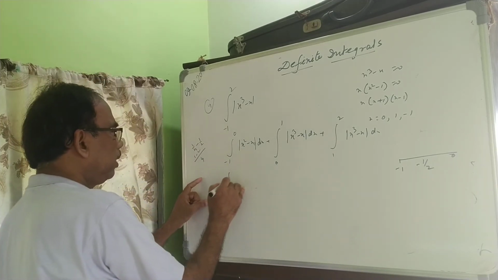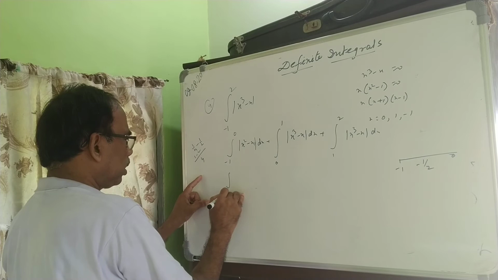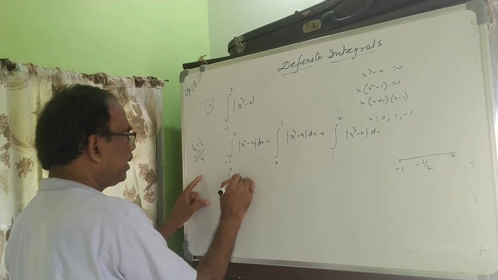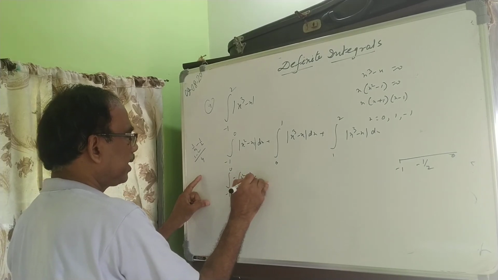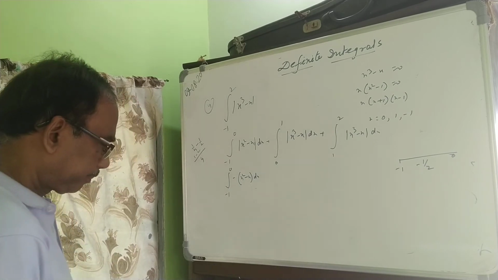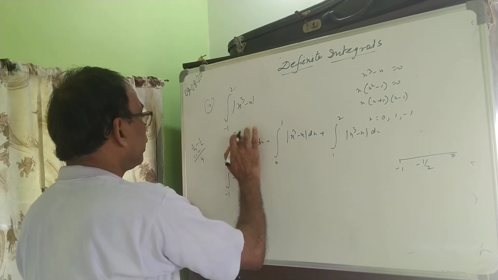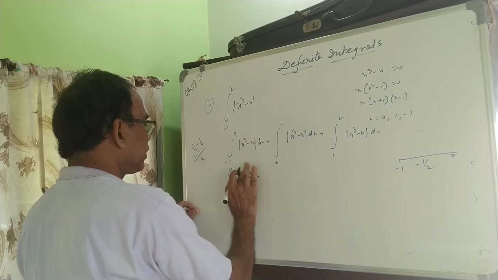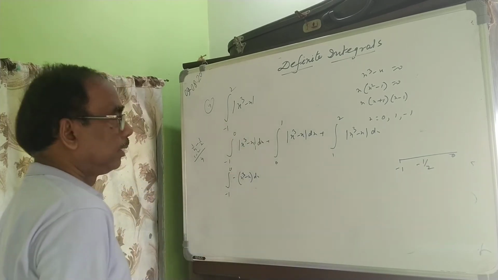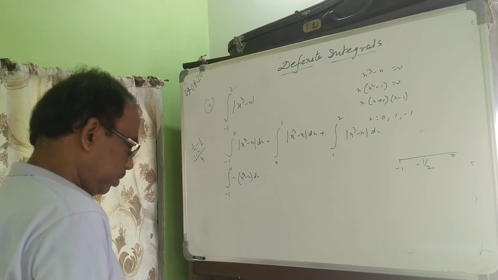If you remove the modulus for minus 1 to 0, this is x cube minus x dx.